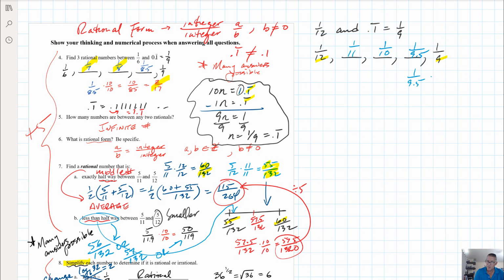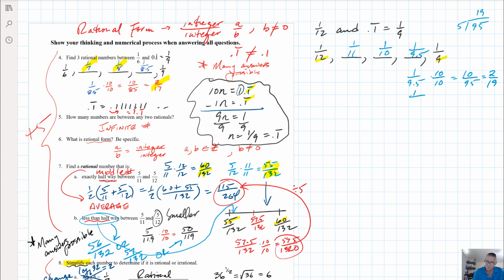So all you do is multiply it by 10/10, and you get 10 divided by 95, and then you reduce that by dividing by 5. 95 divided by 5 is 19, so 2/19.